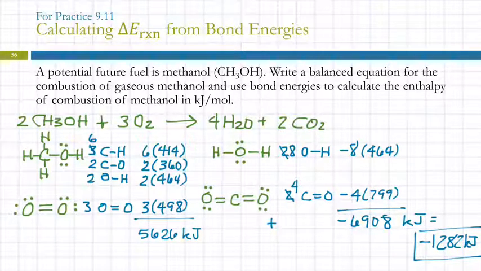Yes, we have to divide by 2. This is the amount of energy to do this reaction as written. That's 2 moles of methanol, right? We want to know how much energy is released per mole of methanol. So this is the amount of energy for this reaction. To find the energy per mole of methanol, we're going to take that amount of energy, negative 1282 kilojoules. That was for 2 moles of methanol.